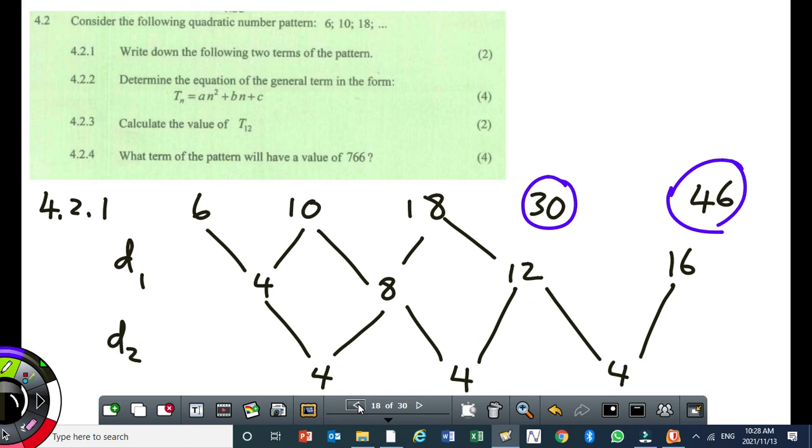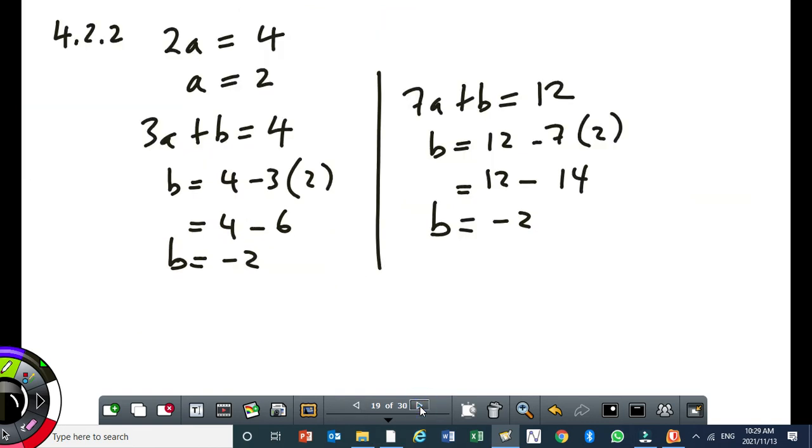Teachers teach that way to make things easier for you. But if you use 9a plus b is equal to 16, you still get the same value of b. If you use 5a plus b is equal to 8, you still get the same value of b. Okay? I hope you learned something new today. You can even challenge your teacher if you want to.